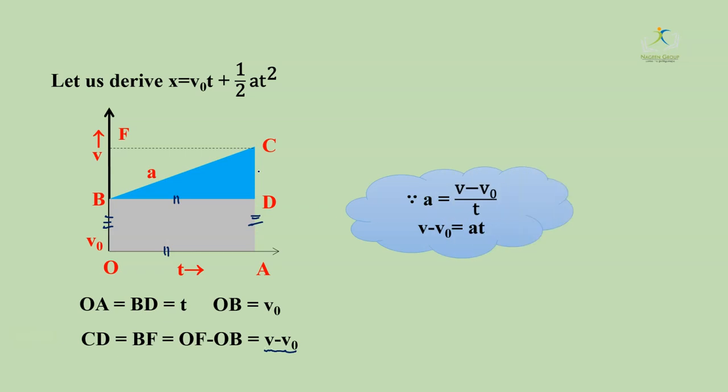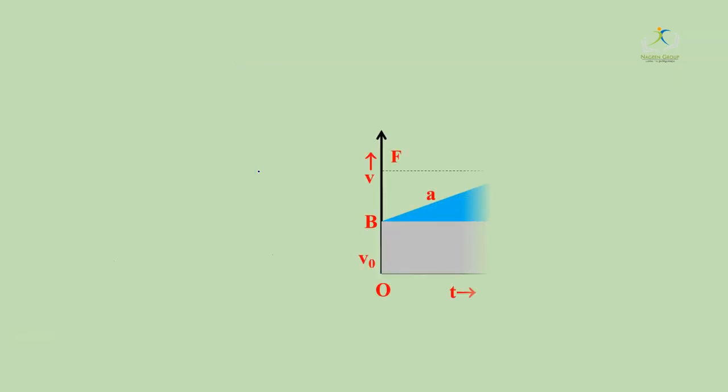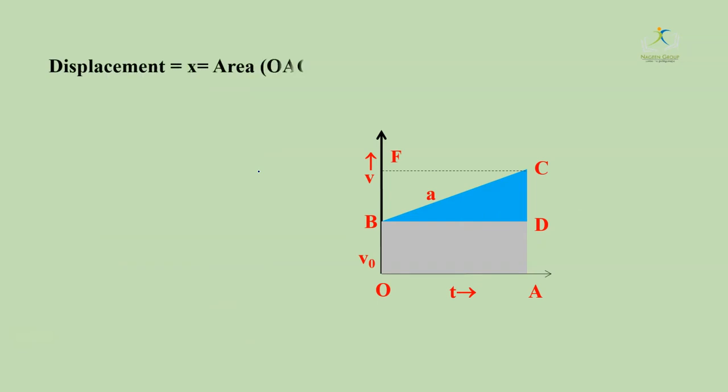Since we know that a is equal to v minus v naught by t, v minus v naught is equal to at. And from this, displacement x is equal to the area of OACB. The area of OACB can be determined by two parts: area OADB plus area of triangle BDC.